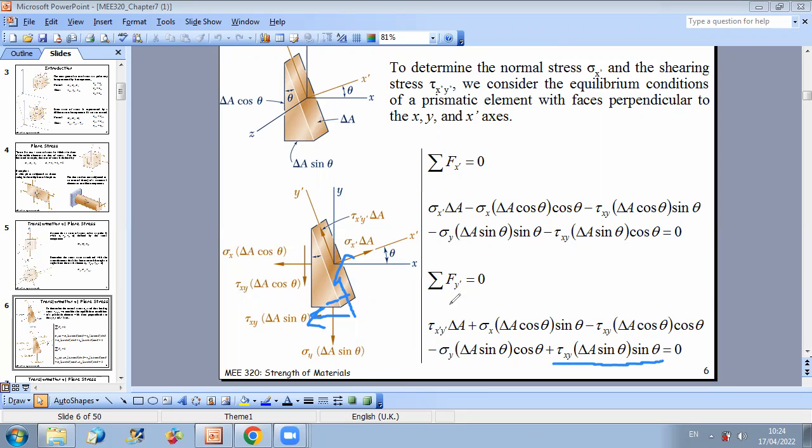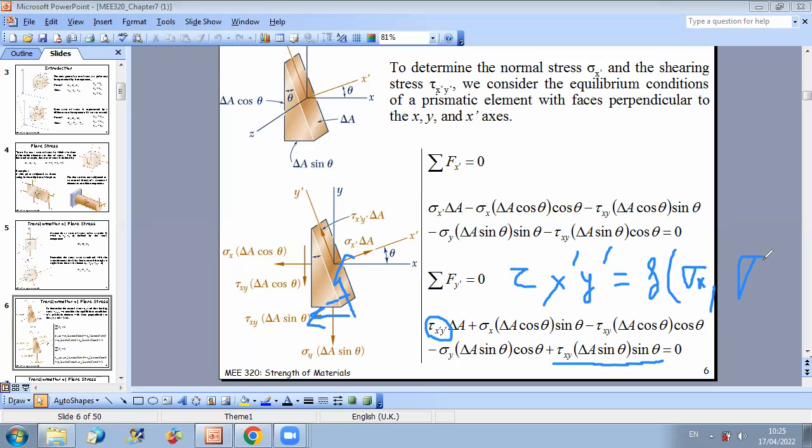So as you can see here, the sum of forces along y prime equals 0 will allow us to get tau x prime y prime as a function of sigma x, sigma y, and of course of the angle theta.